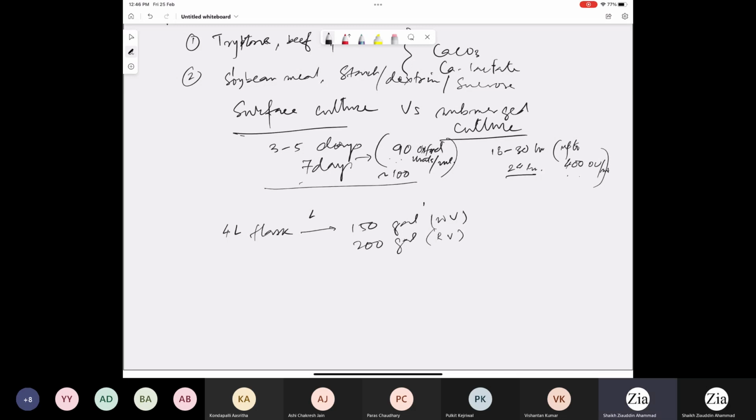Again, it is aerobic, so you have proper agitation as well as an aeration system, and as I mentioned earlier, you need to use either a glass-lined vessel or a stainless steel vessel, which will not interact with the acid.